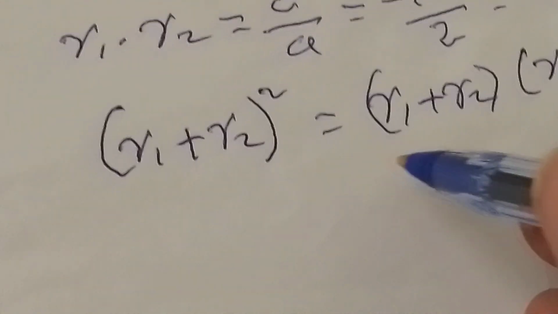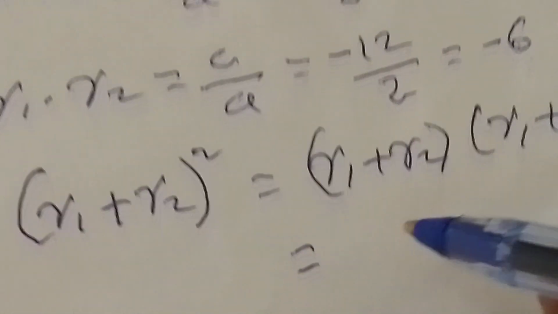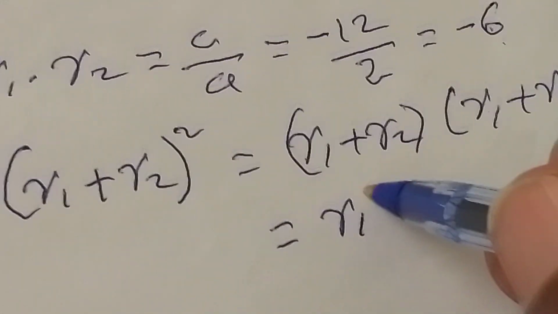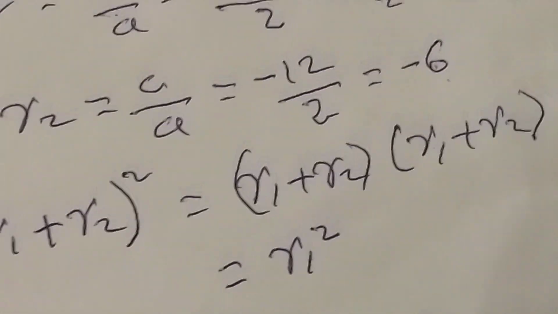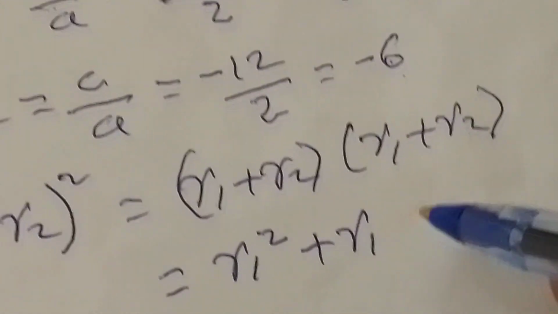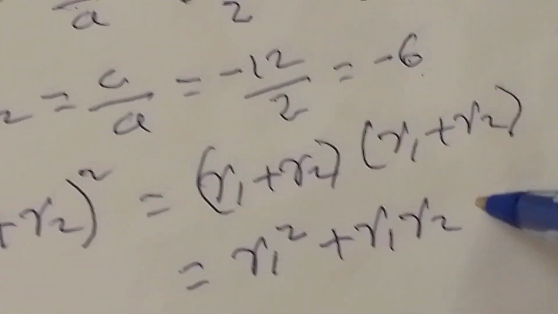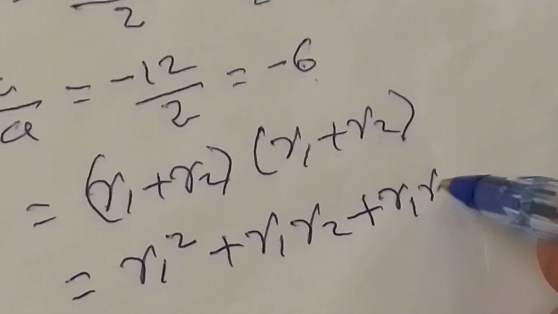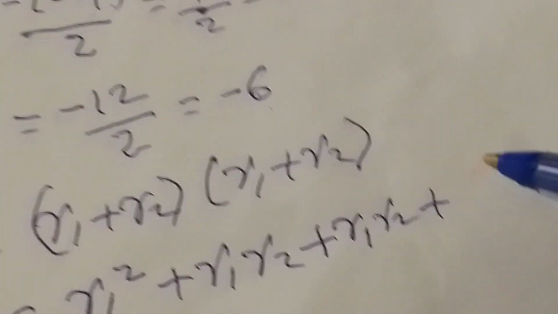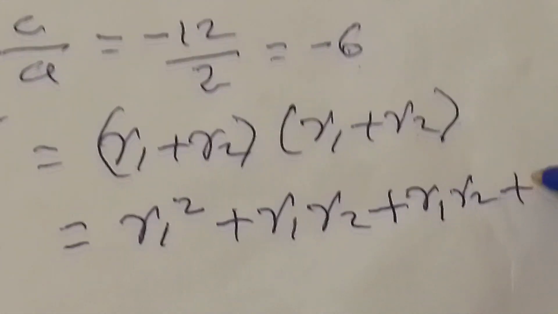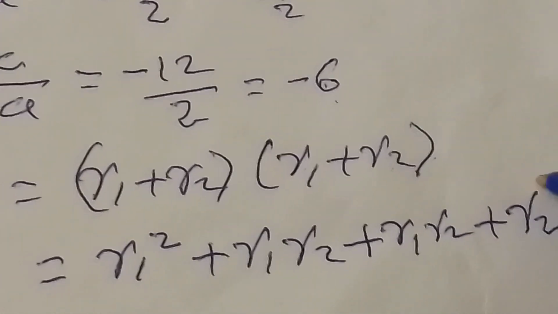When we expand this: r1 times r1 is r1 square, r1 times r2, plus r2 times r1, plus r2 times r2 is r2 square.